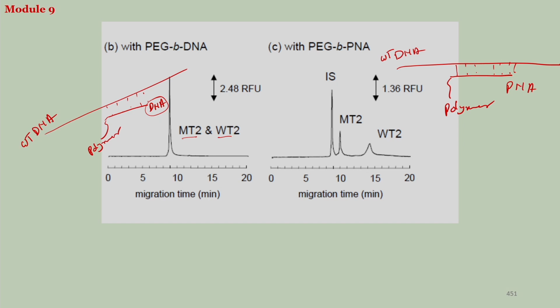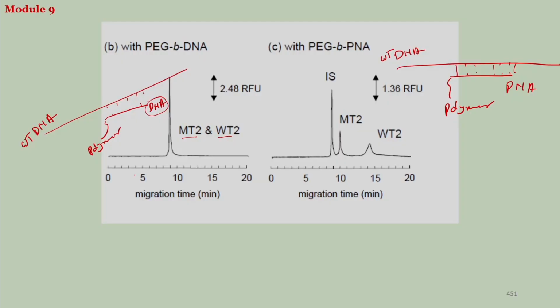Melting temperature is not very different. So, thermodynamic parameters are almost the same. That is why both of them are moving as a complex almost similarly, and that is why you are not able to detect them.